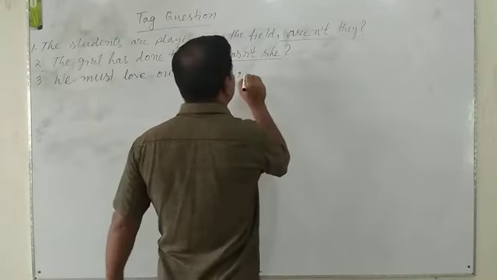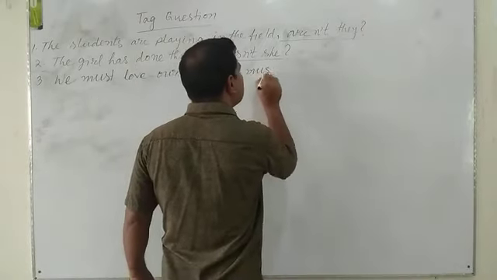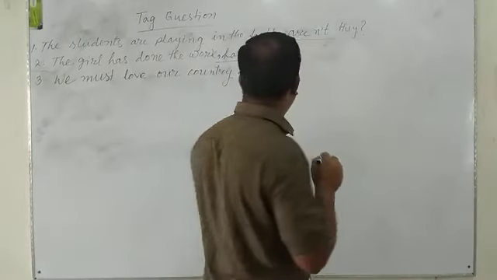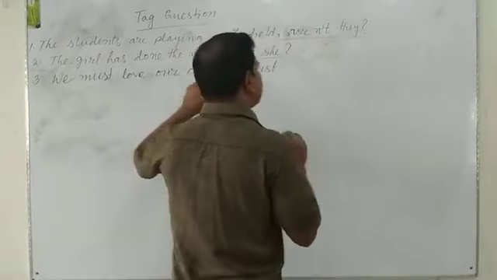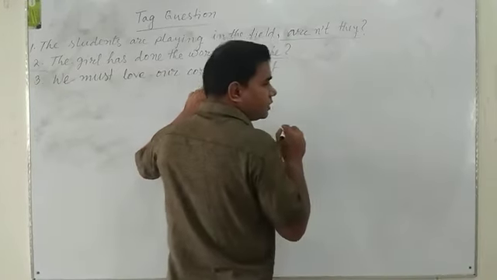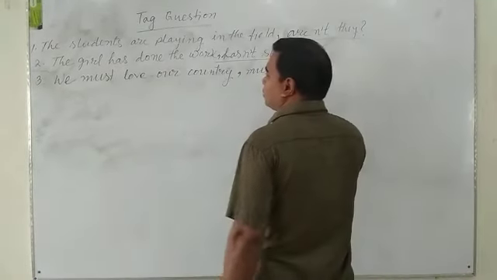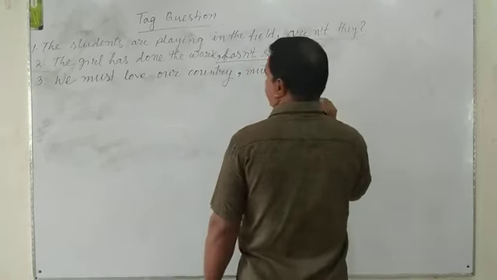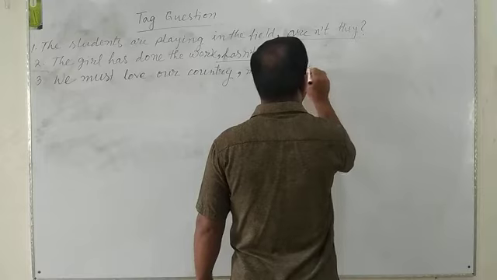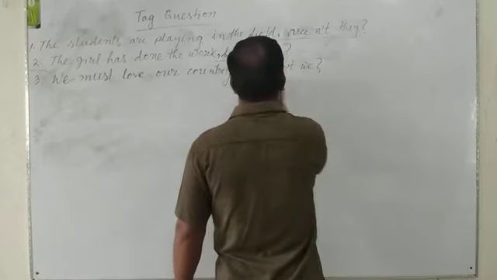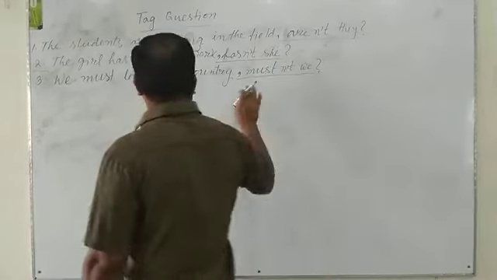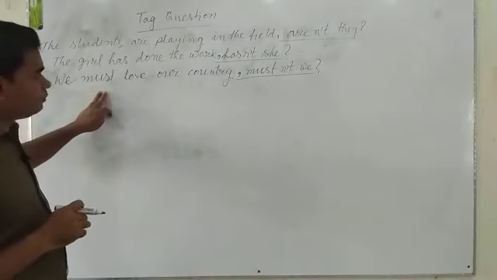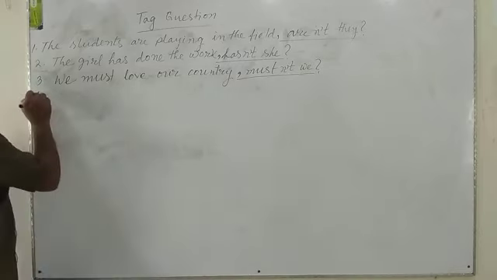Then you have to use must. Here must is an operator or an auxiliary verb. Must. And it is an affirmative sentence, so we have to use not as short form. Mustn't we? So it is a tag question of this sentence. Let's see another example.